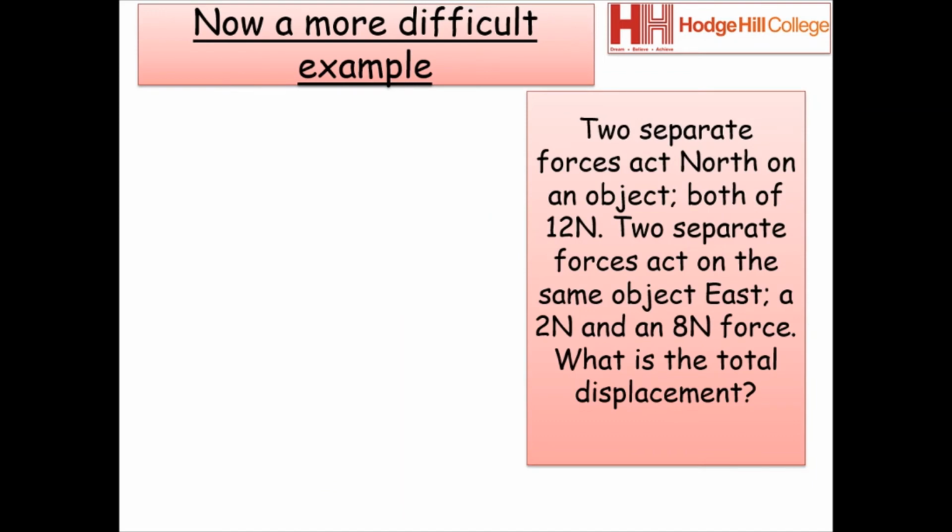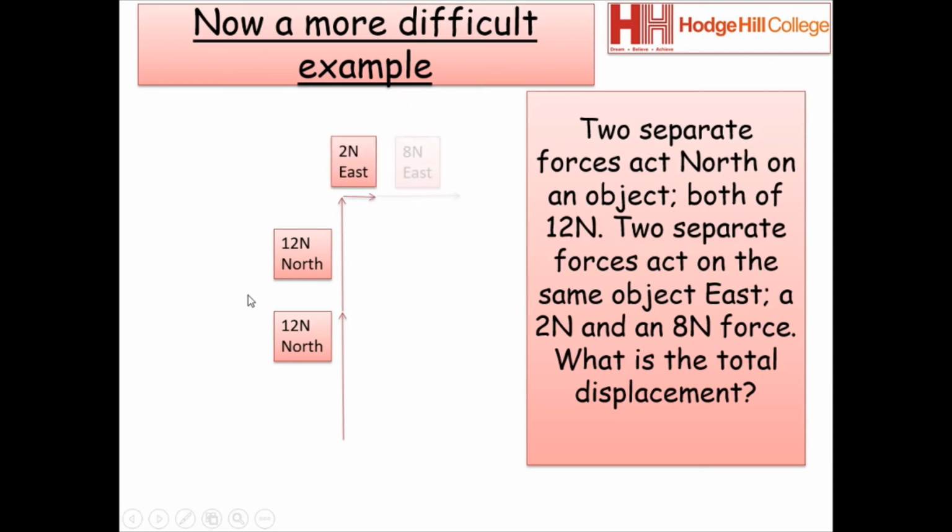Another example, this time a bit more difficult. Sometimes you'll be getting questions in your exam that have multiple arrows going in the same direction. Okay, it's really easy to do this. We read the question, you would draw it out like this, and because these two are both going in the same direction, we would add up these values.